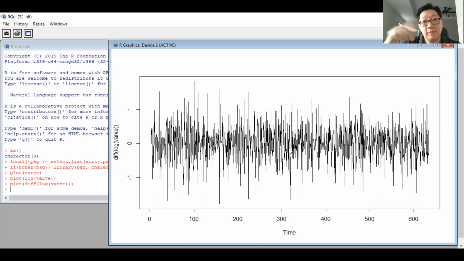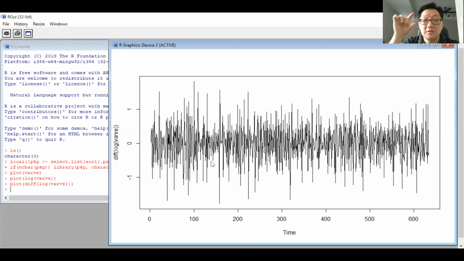Then we can make this kind of plot, and now the difference is plus and minus 1 or a little bit more. But anyway, at the beginning, we take care of the transformation. It looks like white noise, but I think it's not yet. It is not exactly white noise. So in this example, we take the log transformation and then take the difference.